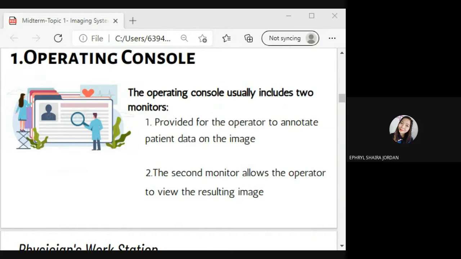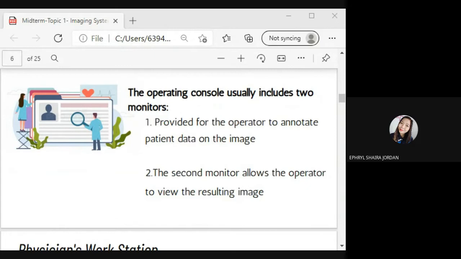It also provides identification for each image that we acquire, like the image number, the technique used, such as the kVp and the mA, and also the position of the couch. The second monitor allows the operator to view the resulting image.